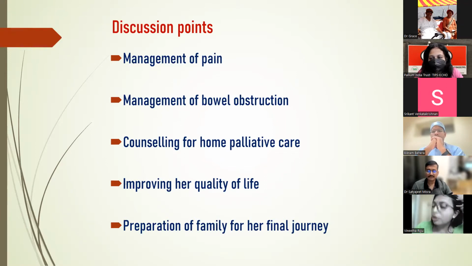Preparation of the family for her final journey. Definitely, it is about educating the family, telling the family that the palliative care team is readily available. Assure them of your support, and any queries at any time can be resolved telephonically. Or if a 24/7 team is available on call, give them numbers on that.